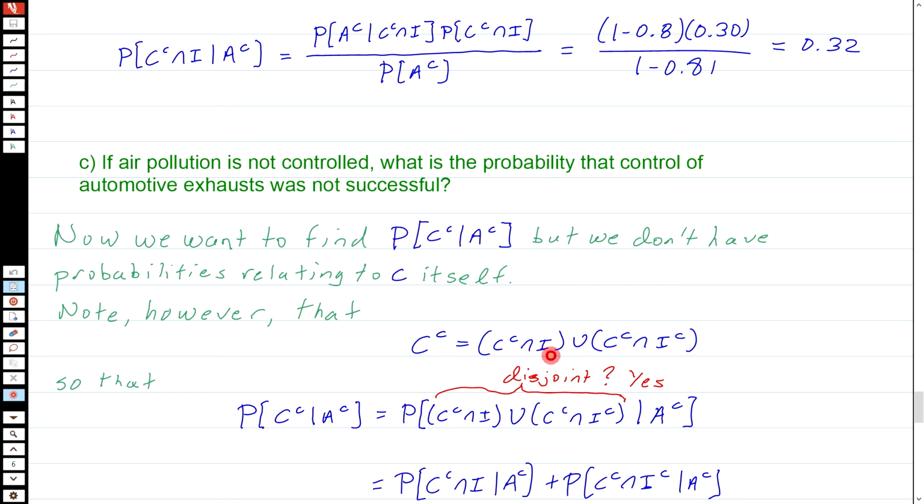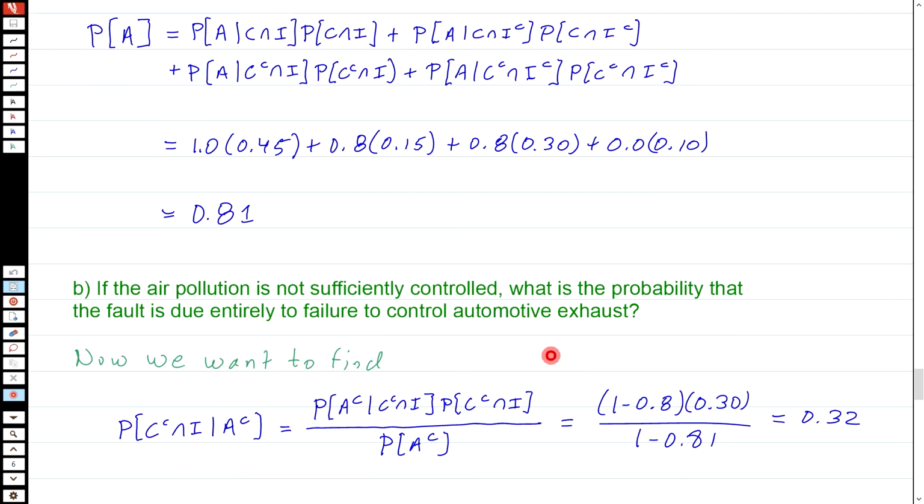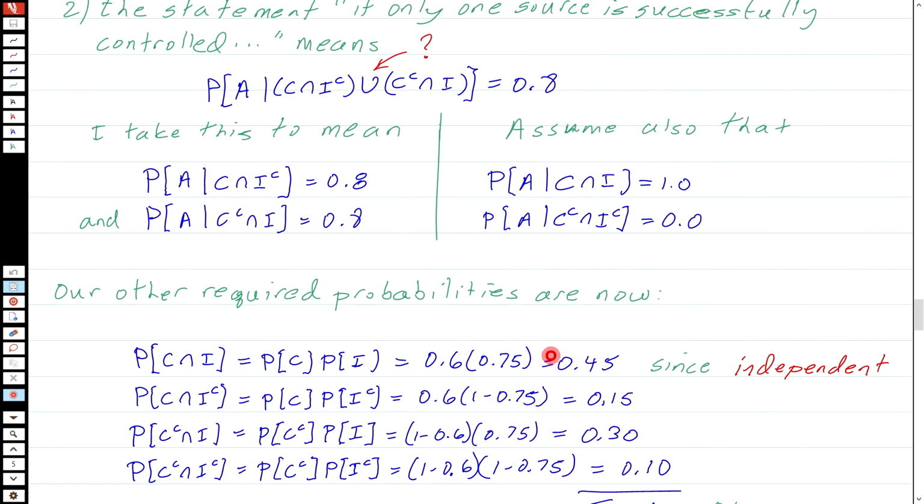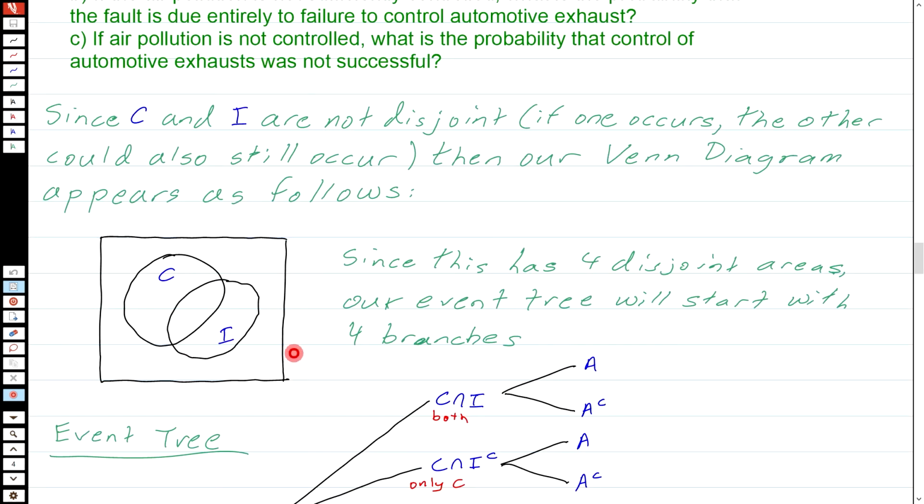There's C complement, let's go back to my Venn diagram. Okay, so C complement is going to be made up of everything in this part, C complement intersection I, and C complement intersection I complement.